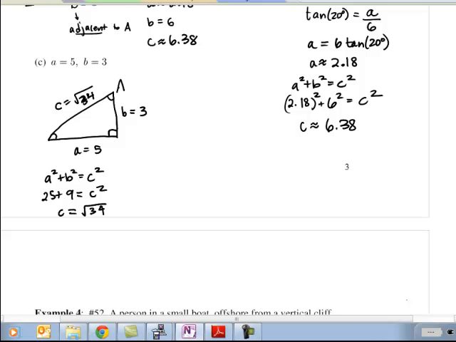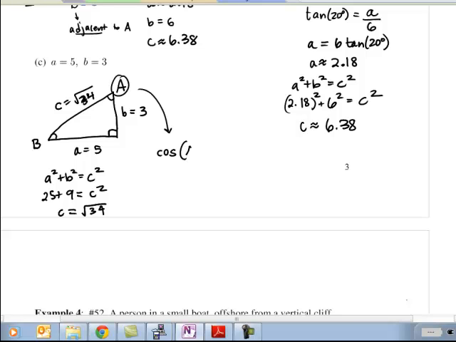Then this would be angle A, this would be angle B, and it's trickier when we don't know the angles. We'll still write down a trig function. For example, if we're trying to find angle A first, we have all the sides, so I'm going to pick cosine.